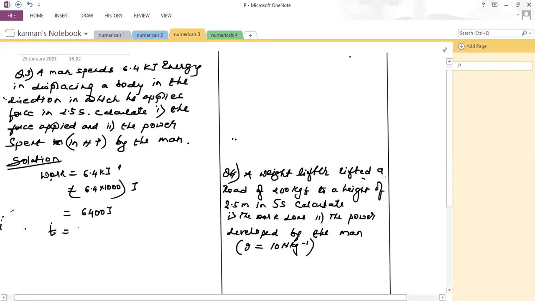Total time is 2.5 seconds. Now, first part of the question, the force applied, okay? The force applied by this man, and then he wants the power spent in horsepower.